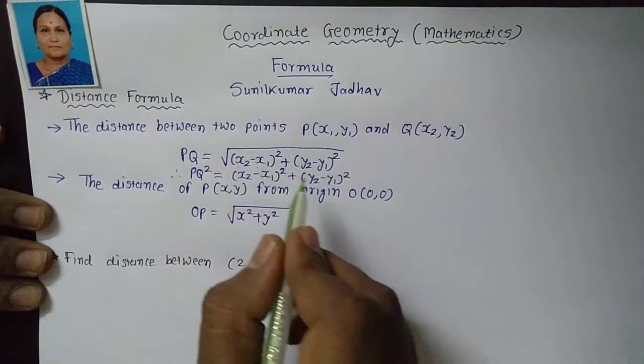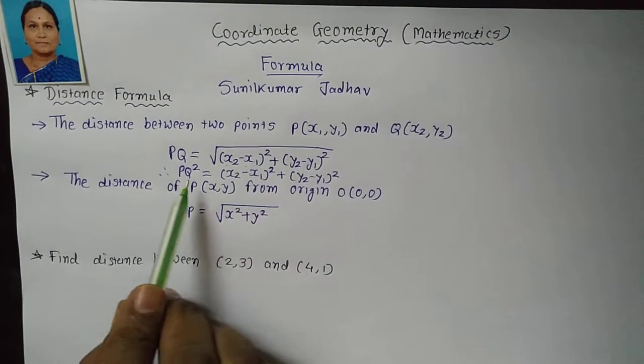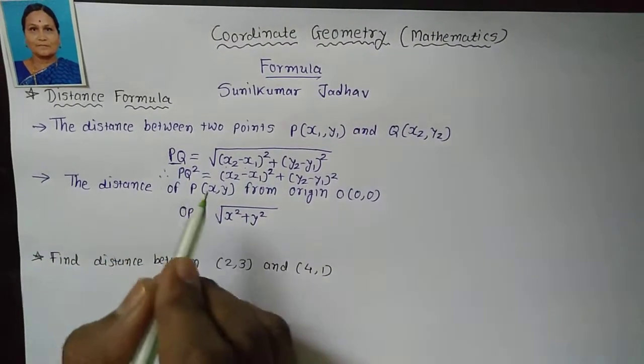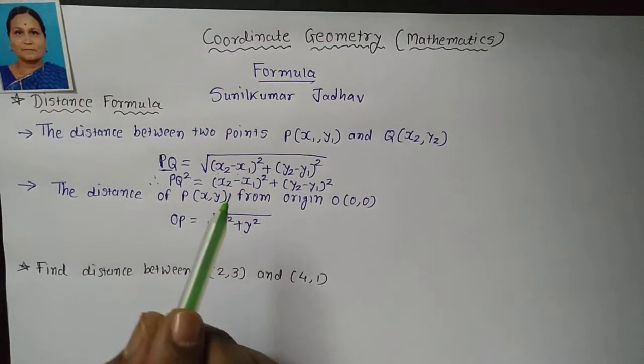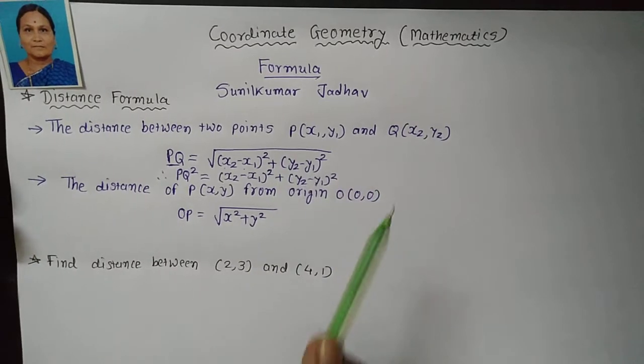Whatever value we get, we ultimately take the square root of that, and then we get the value of PQ. So this is the formula which we call the distance formula, the distance between 2 points P and Q.